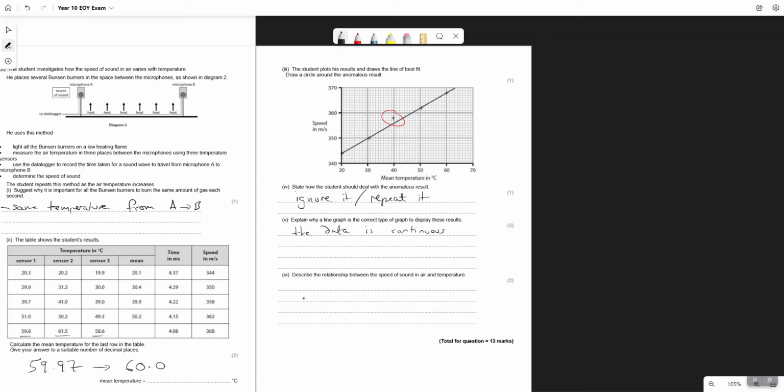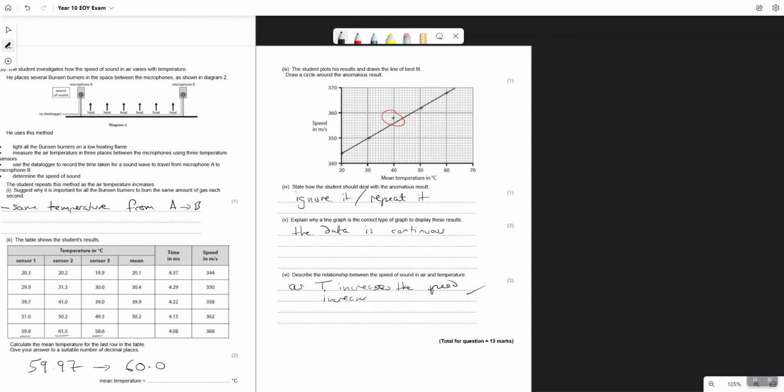So what we have here is that the first thing most people got is that as speed increases, sorry, the other way around. As temperature increases, then speed increases. And this was very commonly said, and this obviously gets you 1 mark.